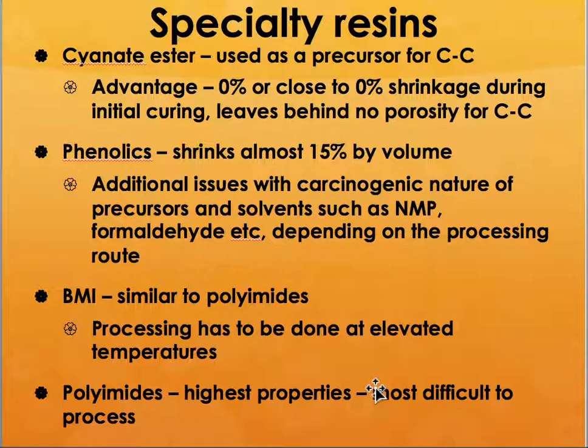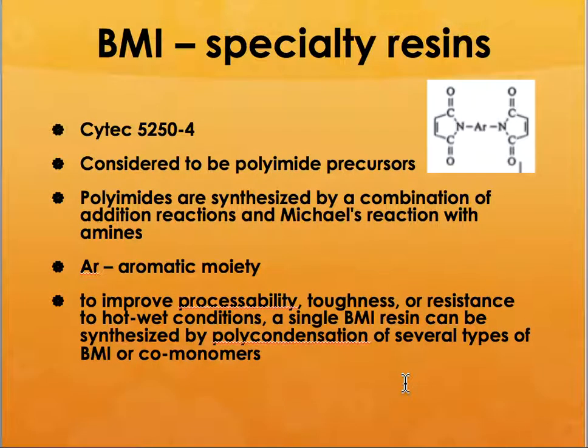There are also some specialty resins like cyanate esters, phenolics, BMIs, polyimides, etc. The more specialized they are, the more expensive they are, and the harder it is to process.